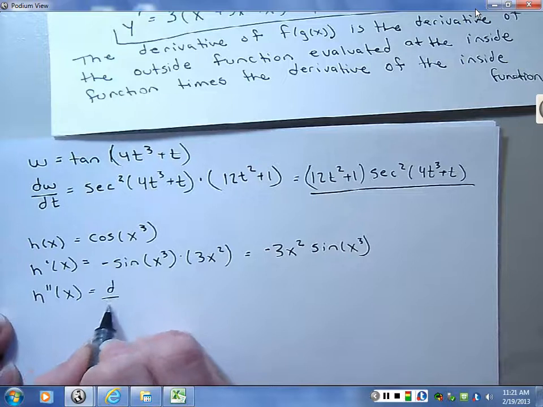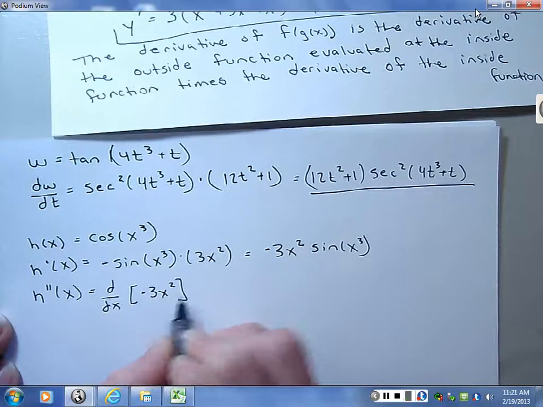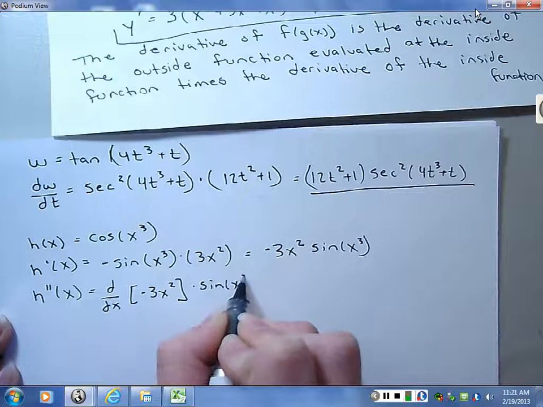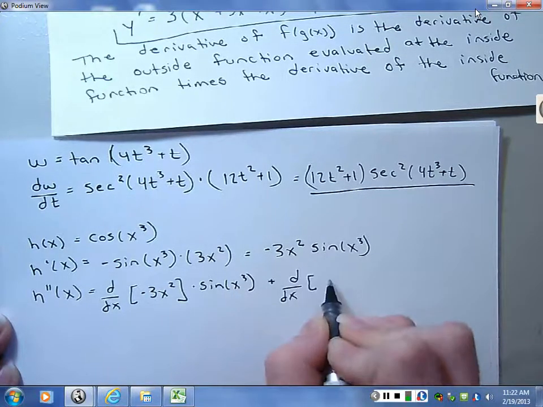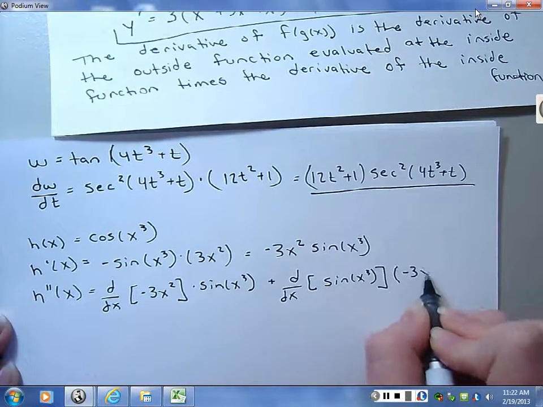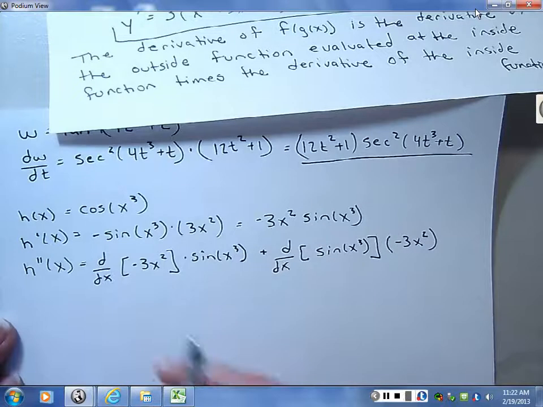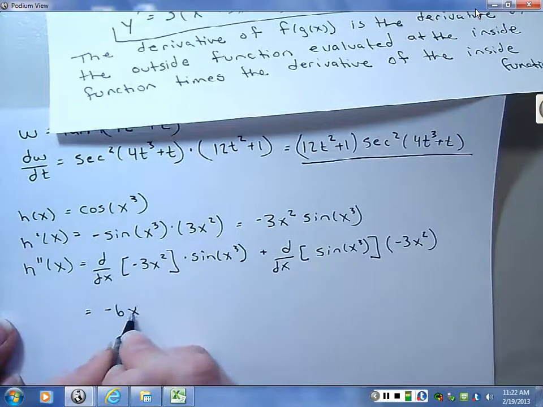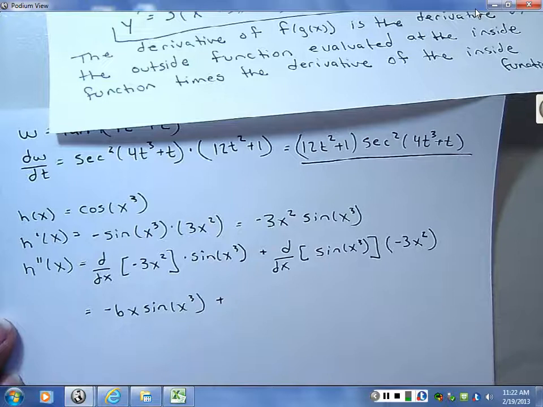I'm going to take the derivative with respect to x of minus 3x squared, hold the second function, plus the derivative of the second function, hold the first function. So what's the derivative of minus 3x squared? Minus 6x times sine of x cubed. Plus, what's the derivative of sine of x cubed?